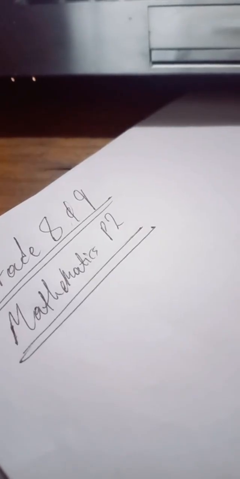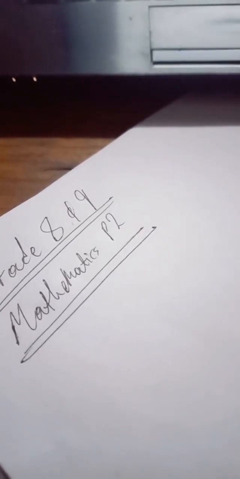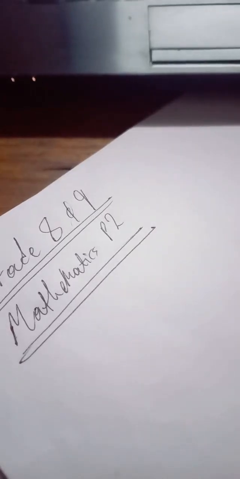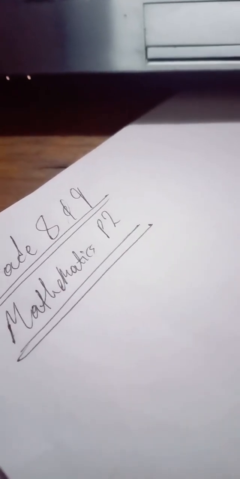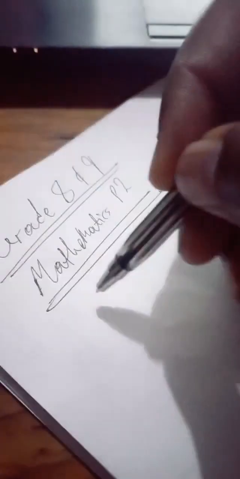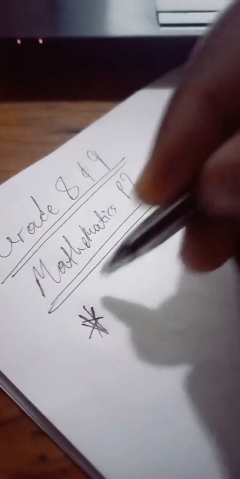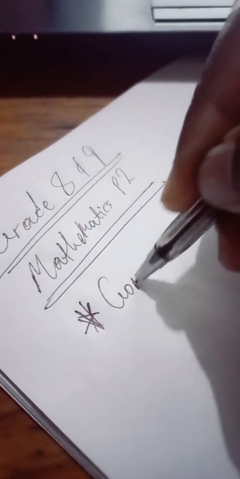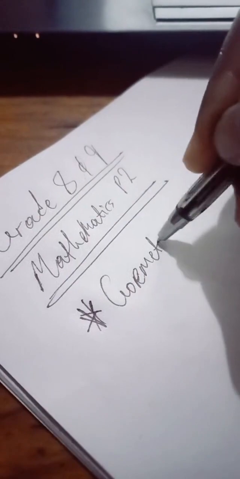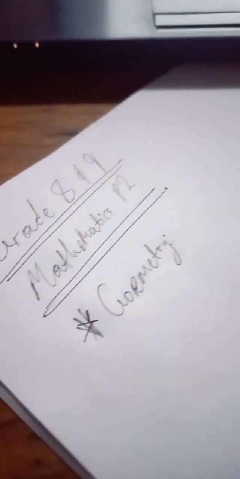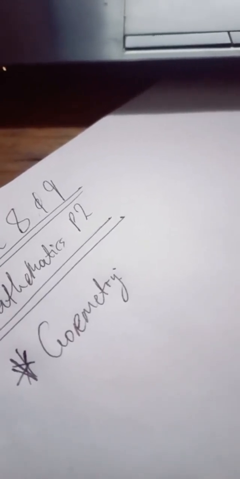So paper 2 is very, very simple. Paper 2, grade 8 and 9. It's made up of geometry, right? Under geometry, what are we talking about?